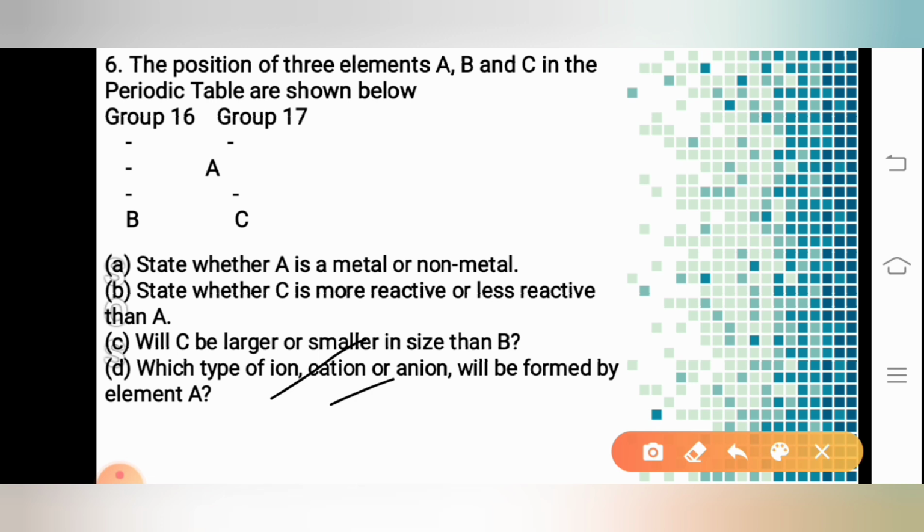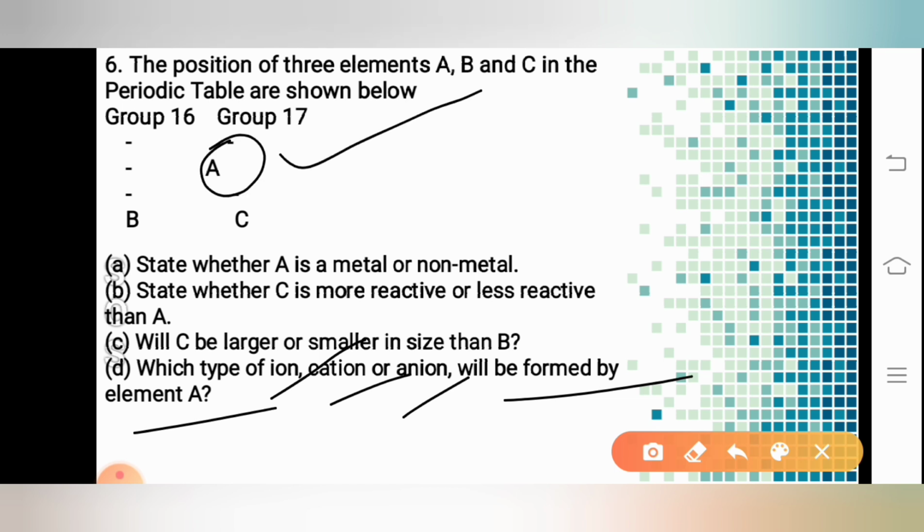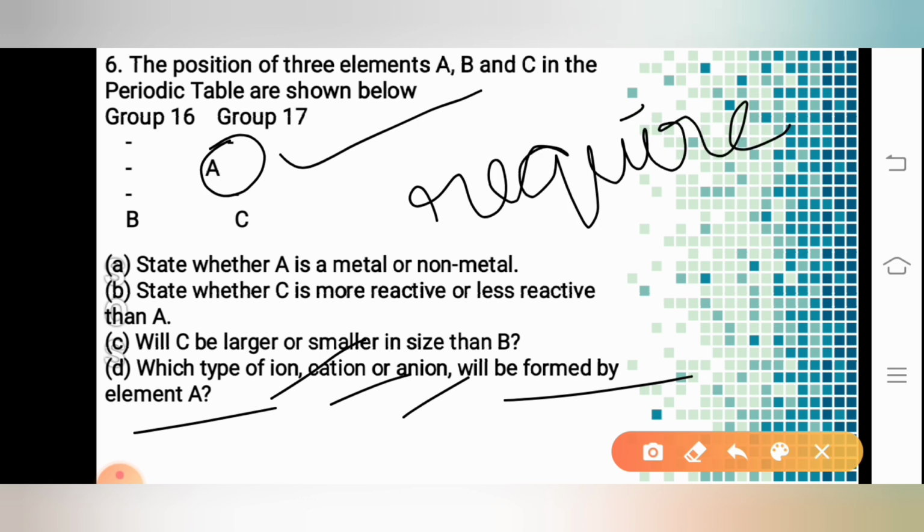Next, which type of ion, a cation or anion, will be formed by element A? Since element A is a non-metal, we know that group 17 elements are non-metals. All the non-metals will accept electrons, meaning they require electrons from other elements. They take electrons from other elements, correct?